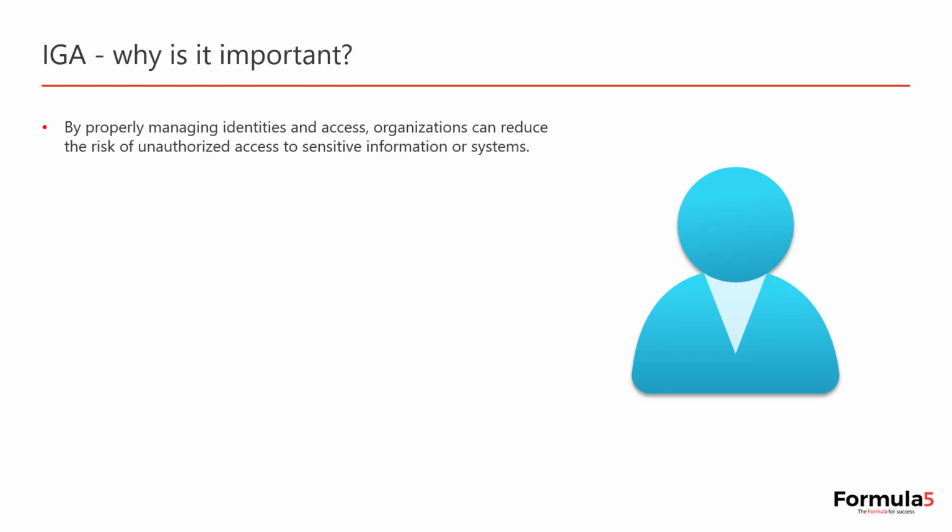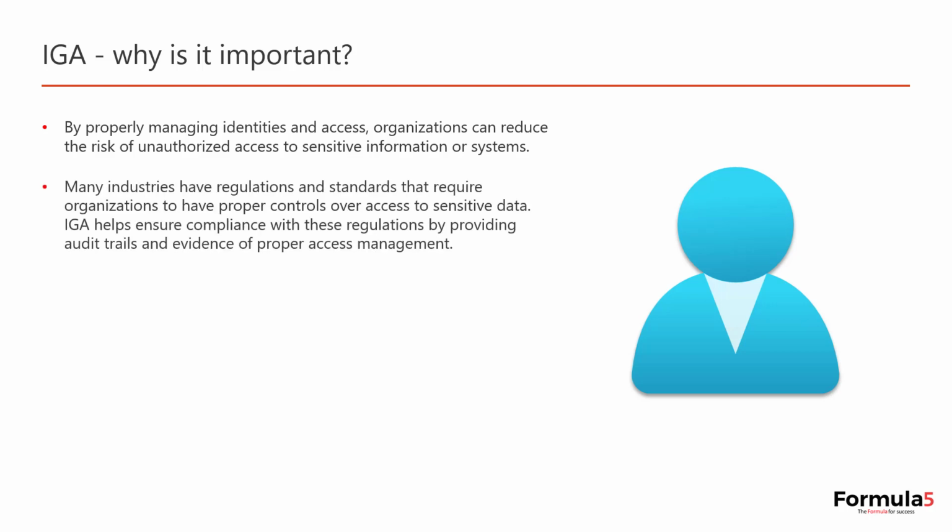Why IGA is important? By properly managing identities and access, organizations can reduce the risk of unauthorized access to sensitive information or systems. Many industries have regulations and standards that require organizations to have proper controls over access to sensitive data. IGA helps ensure compliance with these regulations by providing audit trails and evidence of proper access management.